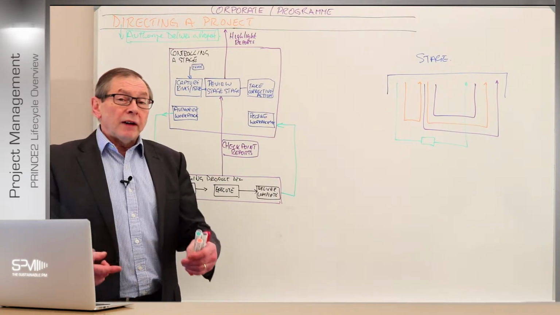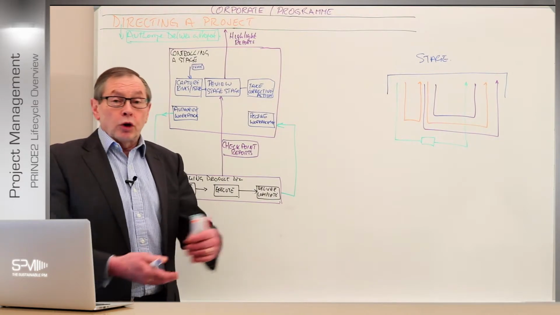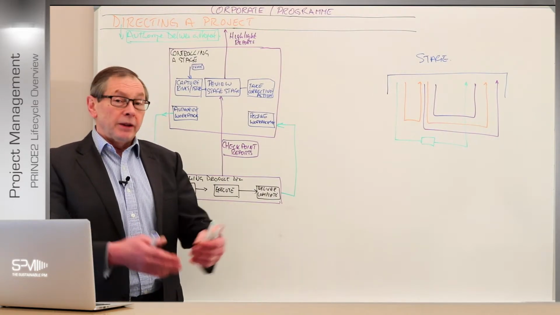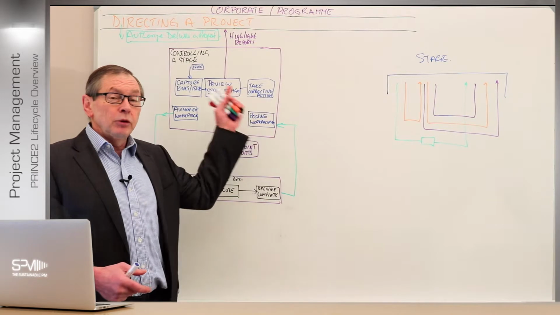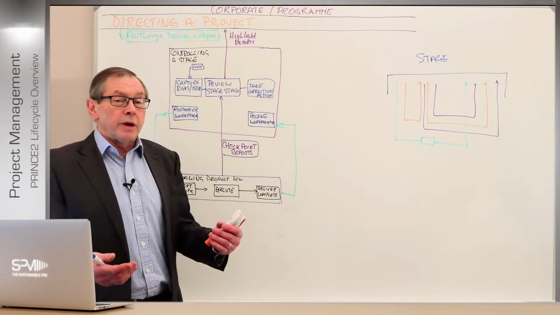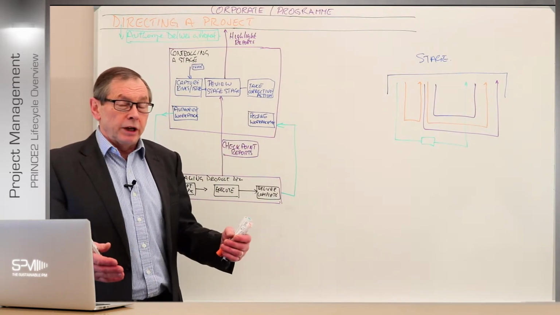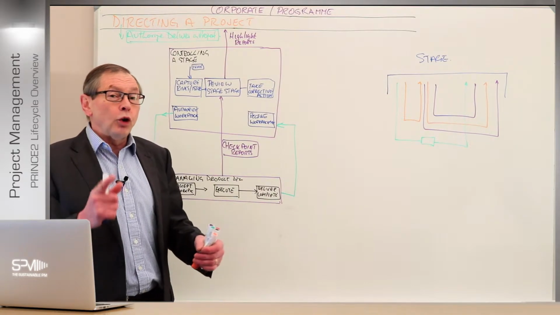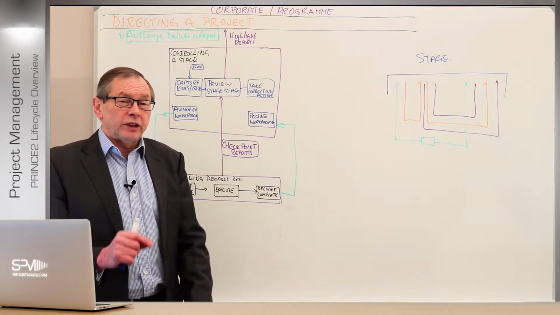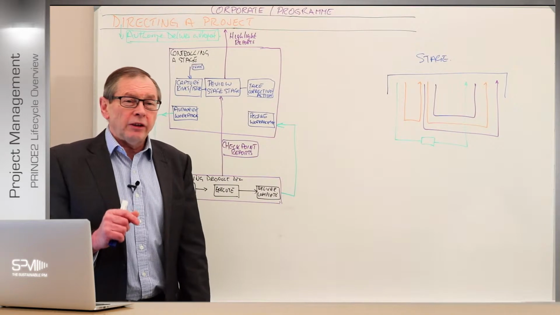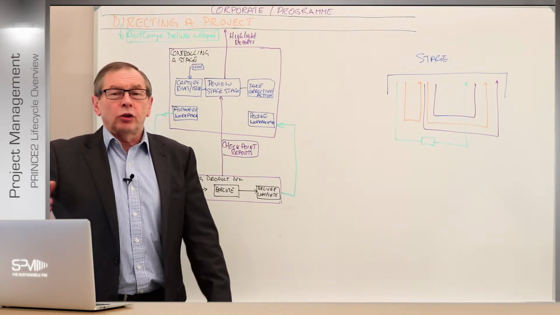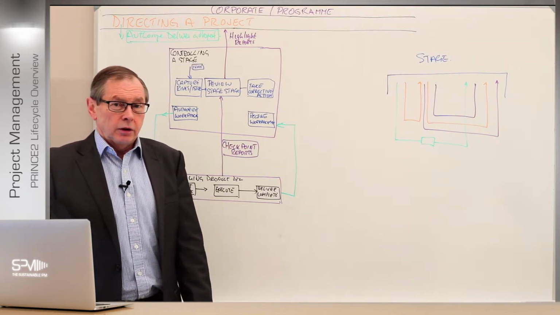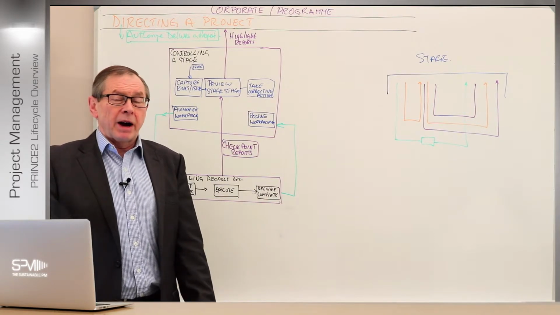So the board will have certain tolerances set on them from corporate or program about how much leeway they've got, right? And the same, the board will set tolerances on the project manager, saying, well, you've got a certain amount of boundary to work within before you need to report. Now, this is very important to understand. Tolerances are not there to say you've got a week's grace on top of the project or that stage or that work package.